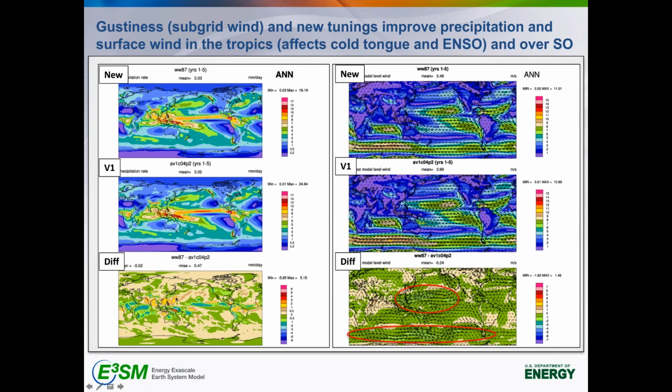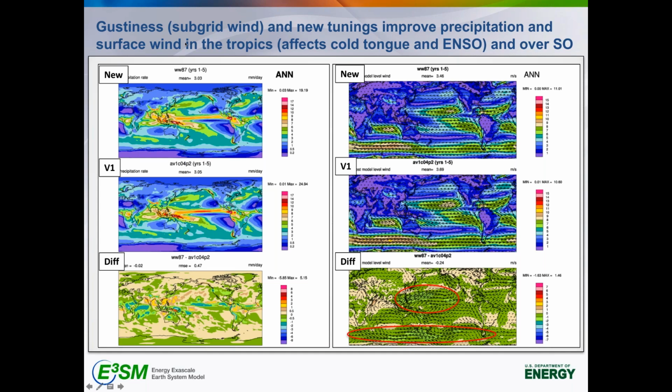And you can see that we have increased the precipitation in the tropics. We've reduced the Central Pacific maximum precipitation. And we increased the Amazon precipitation, and have reduced the precipitation bias along the Andes and these high elevation areas.